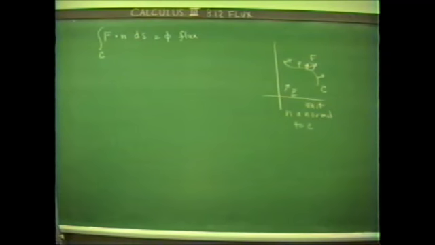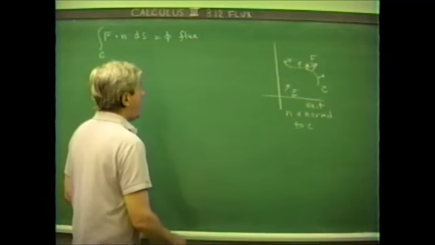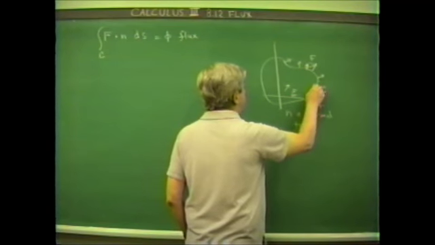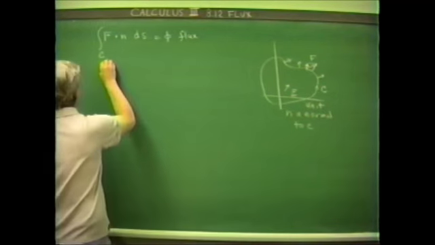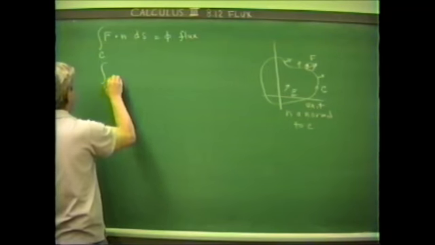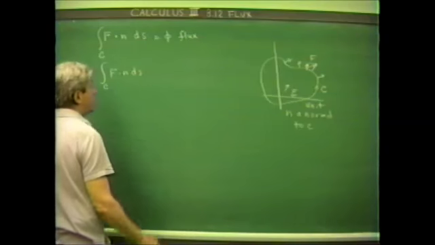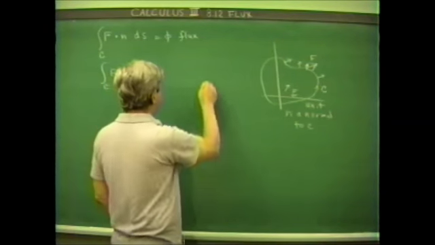Now there's an interesting theorem involved here if C happens to be a simple closed curve. So if this is our C here, what we want to do is integrate around C f dot n with respect to s. Well, now what is n?